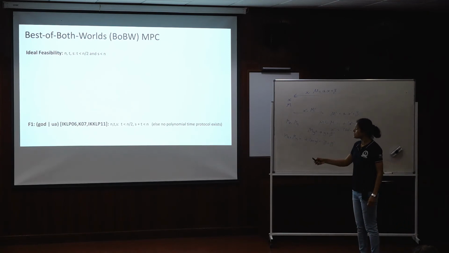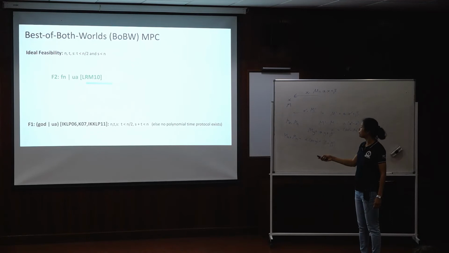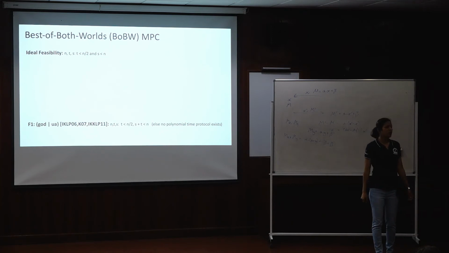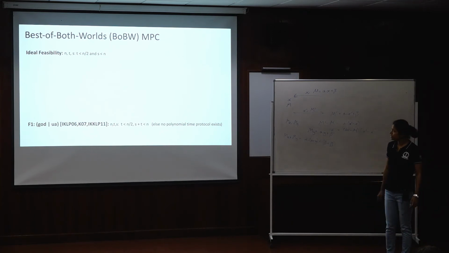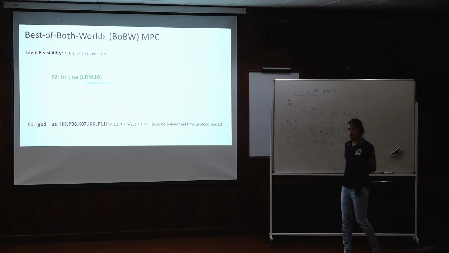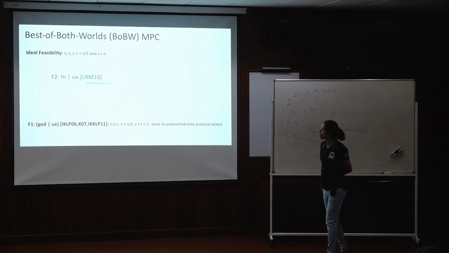Now the question is, can we not achieve the ideal feasibility? This is the ideal condition that we want to achieve. Can we not achieve that? We can achieve that in several ways. There are 4 ways that I know of, and that is what I am going to tell you.